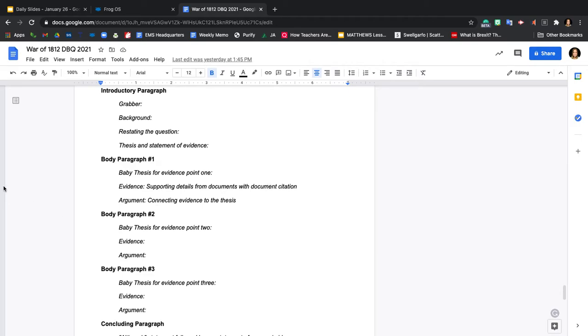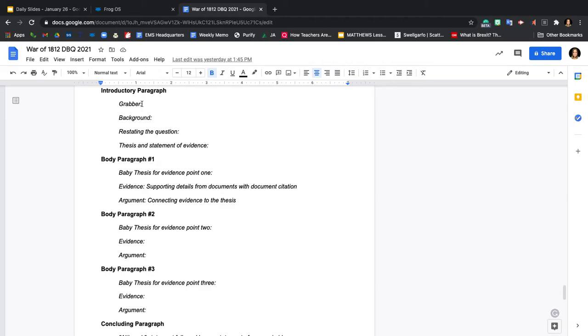So in your introduction, you need a grabber. So that's something to hook your reader. So in language arts, I know they call it a hook. But it's something to get the attention of your reader and make them want to read more. Sometimes I like to leave this for last. It kind of depends how creative I'm feeling. But you might, so that Second War for Independence really kind of sticks out in my head.